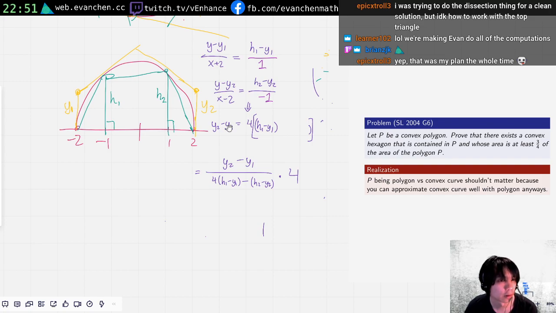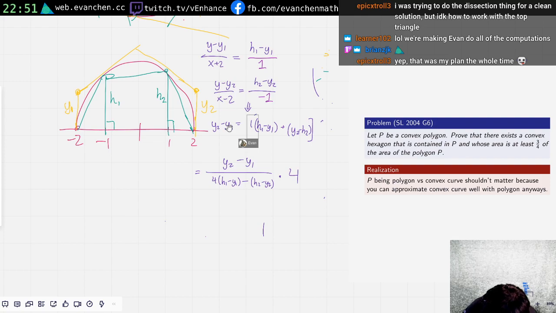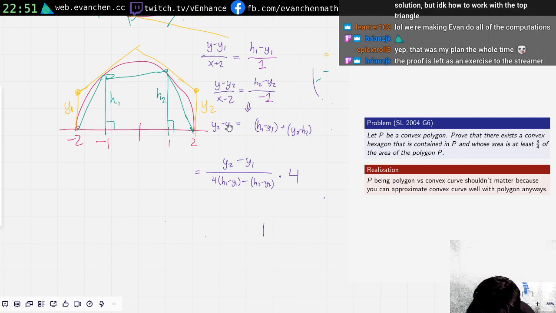Is this right so far? Yeah, of course you're making me, the streamer, do the calculation, right? Okay, so there's no 4 anymore. There's going to be some clever dissection proof, and I'm just going to look at it and be sad. Wait, oh, I'm subtracting, so the signs flip anyways.